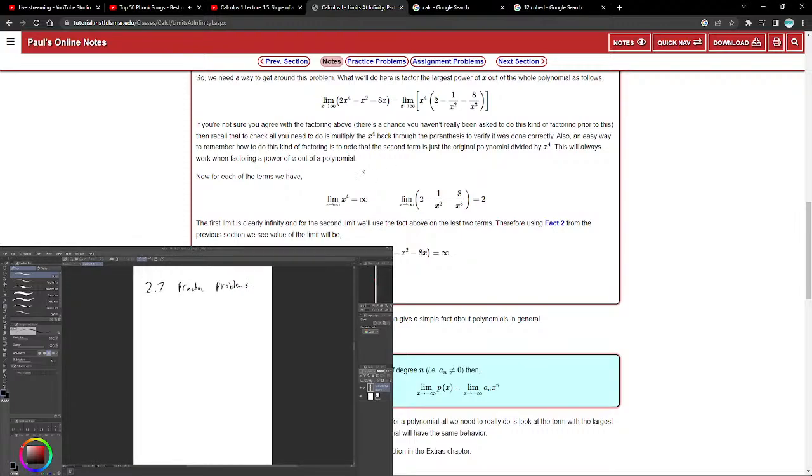So for this one, a third t to the power of 5 plus 2t cubed minus t squared plus 8. Well, wait, there's an 8 now.